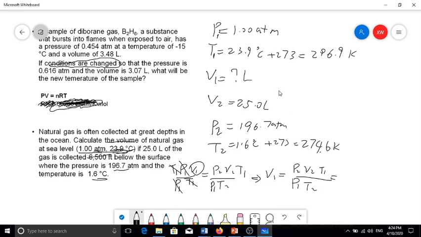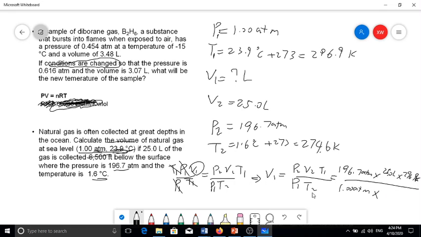Now you just need to plug in all the numbers. P2 is 196.7 atm. V2 is 25 liters. And T1, I'm sorry, it's not T2, T1 is actually 296.9 Kelvin. P1 is 1 atm.